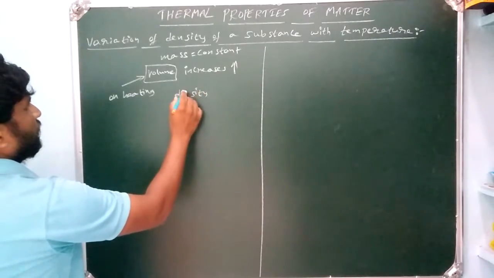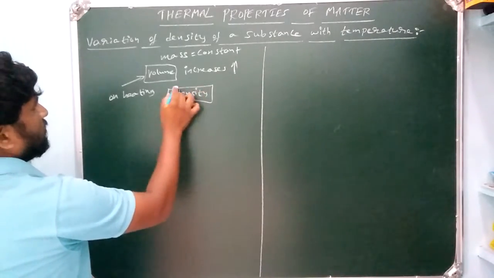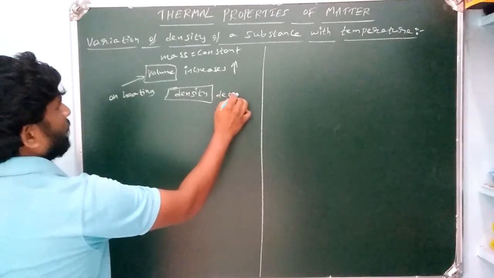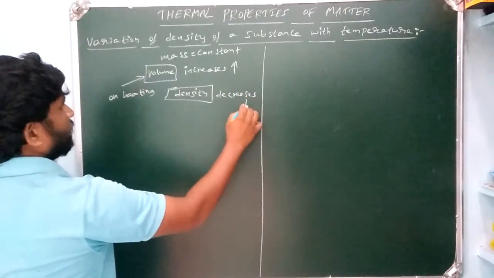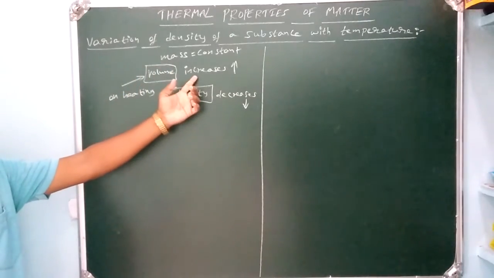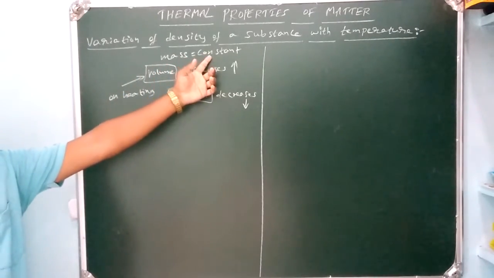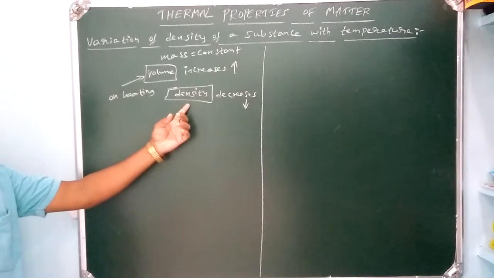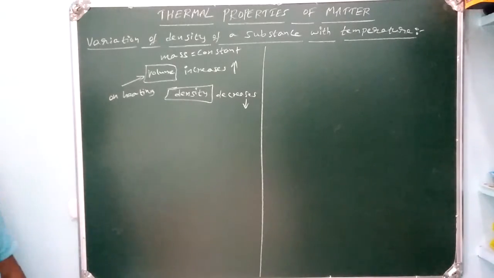You know that density is going to decrease. On heating, the volume of the solid increases while the mass of the body remains constant, so its density decreases.